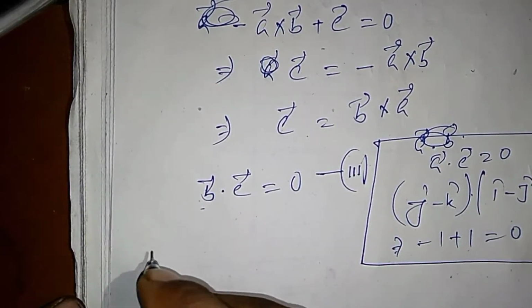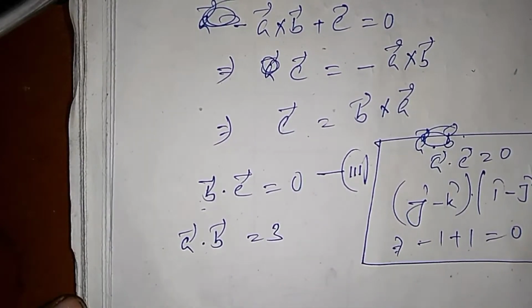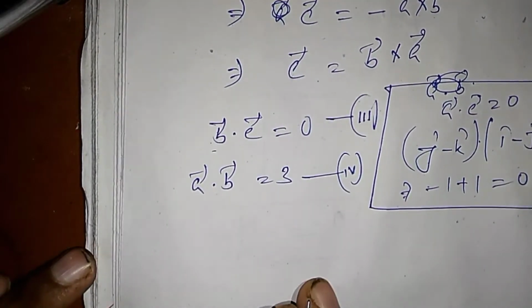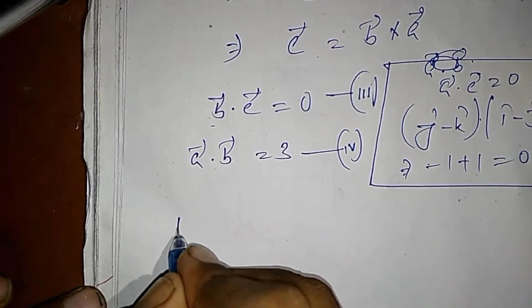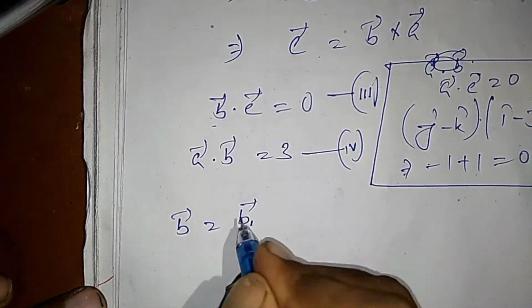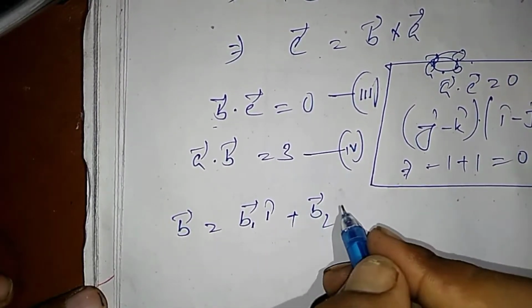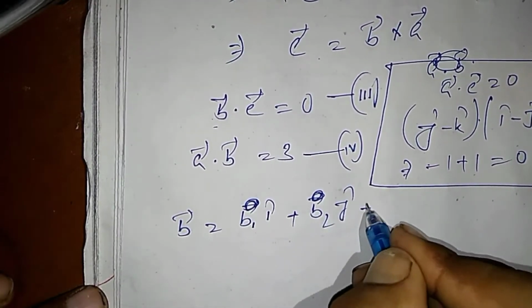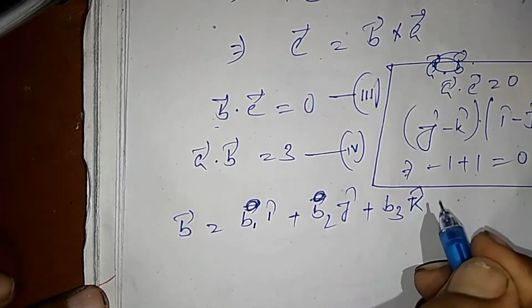And here it is given A dot B equals 3. I call it equation 4. Now I am taking vector B equals b1 i cap plus b2 j cap plus b3 k cap.